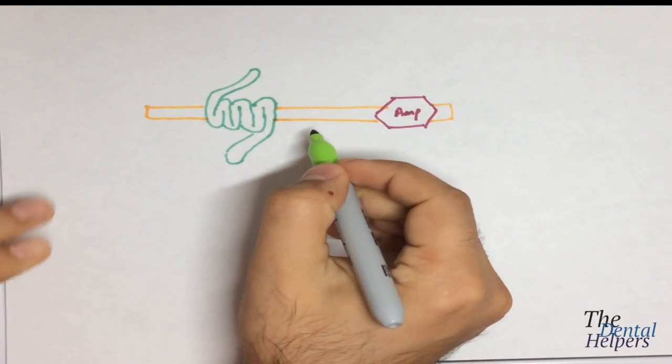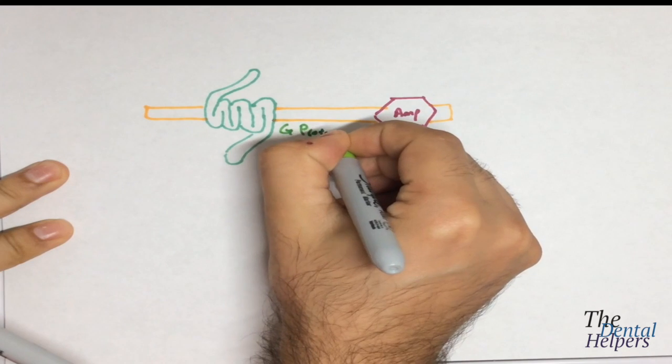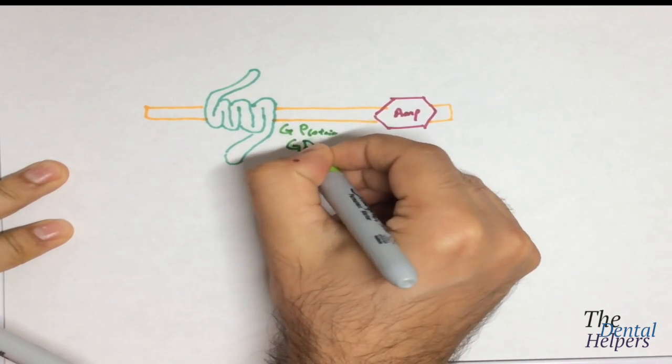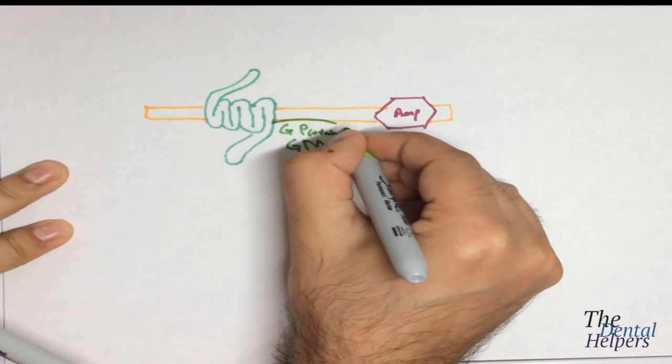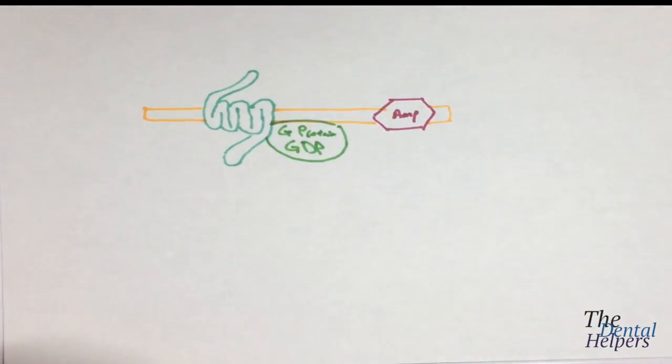The inactive form, which I'm going to draw right here: we have the G-protein, and it's bound to GDP. When bound to GDP, what that means is there's no signal coming in to activate it.